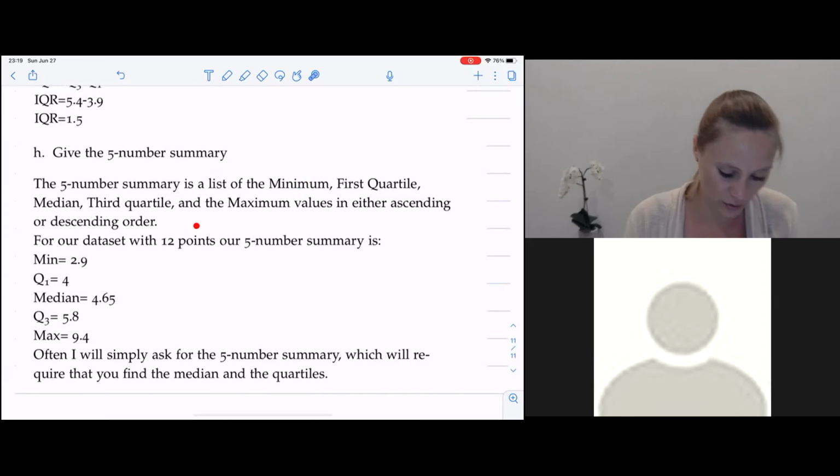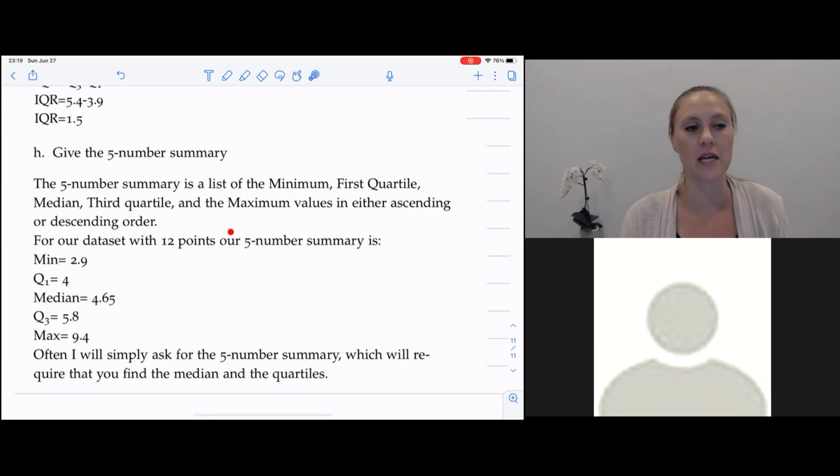For a data set with 12 points, the original data set, our 5-number summary would be: the minimum is 2.9. Having the data sorted makes the minimum and the maximum gimme points; you just look at your sorted data set and pick them out, and then you're done. The maximum is 8.5. Q1 we found was 4, the median we found was 4.65, and Q3 we found was 5.8.